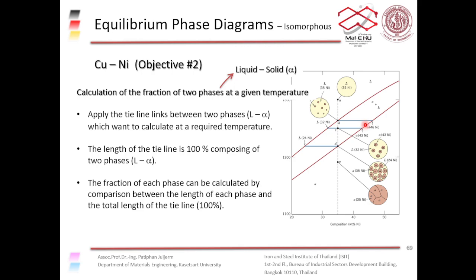The fractions on the tie line give you the amount of each of the phases. You can use the fractional length of the tie line to estimate the amount of each phase. But the overall amount is still 100%, because each of the phases has a fraction of it, and when you combine those two phases together, you get 100%.